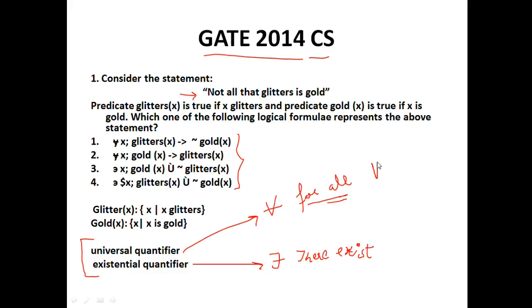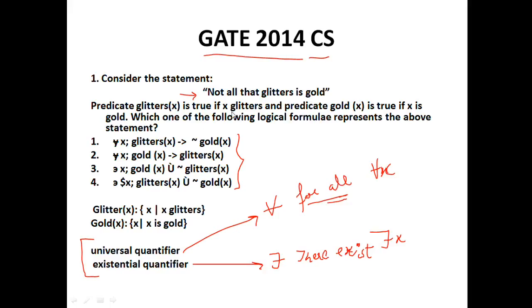So whenever we say for all x, it means that x can take any value in the universe, and that should mean for all. And when we say existential, there could be any one of those and it will suffice. It need not be true for more than one, it may be true for only one, then also it will suffice, but it cannot be true for zero. There should be at least one.